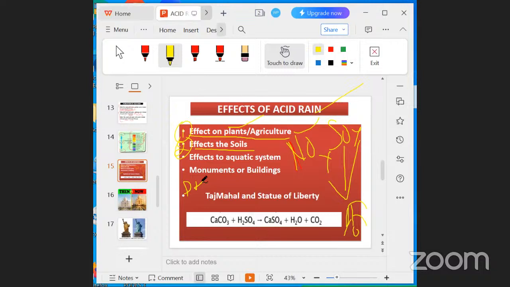So the soil loses its natural fertility and also the ability to regain it, which makes it barren over a period of time. So these are the effects on soil.